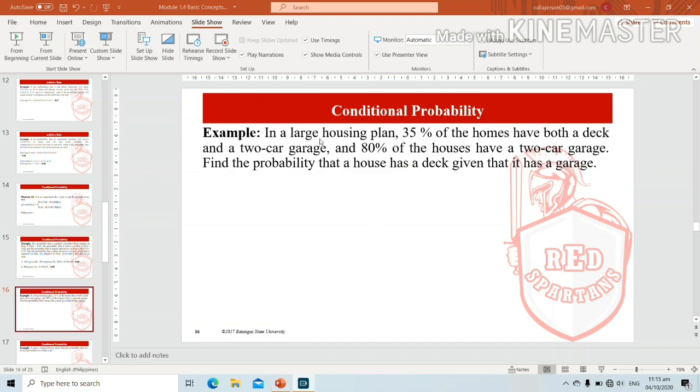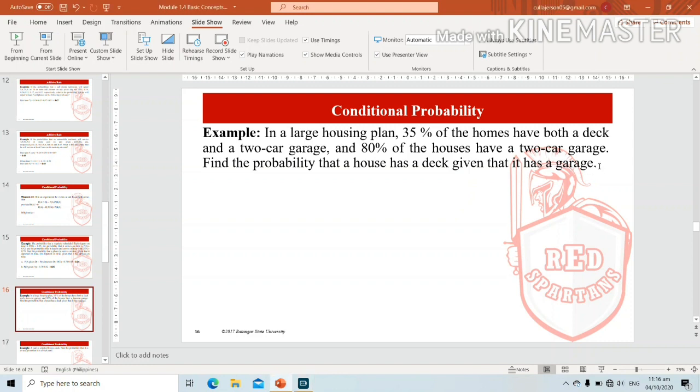Another example, in a large housing plan, 35% of the homes have both a deck and a two-car garage, and 80% of the houses have a two-car garage. Find the probability that a house has a deck given that it has a garage.